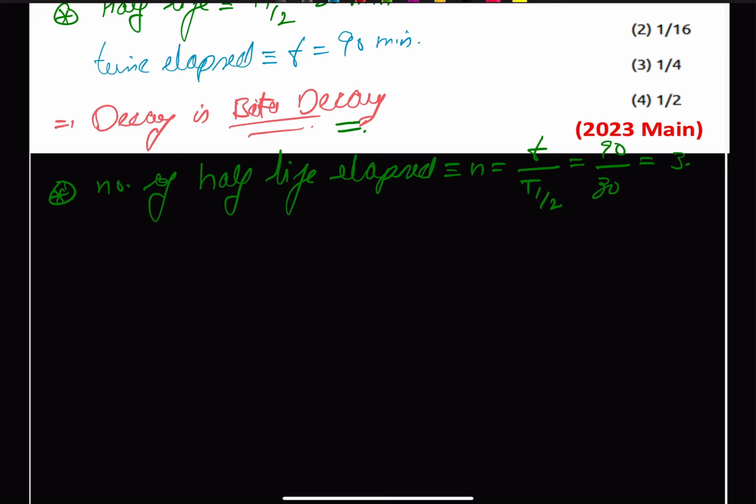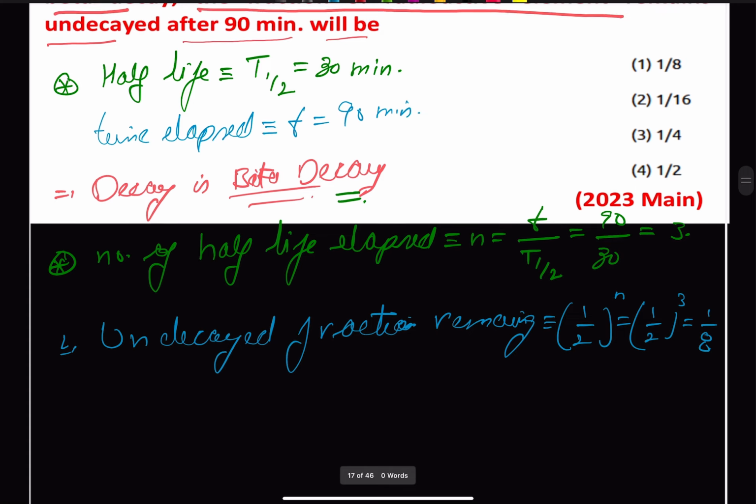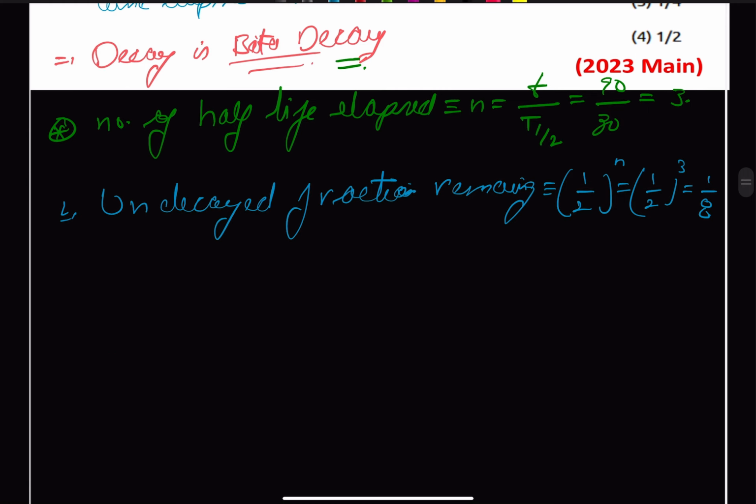The undecayed fraction remaining will be equal to 1 by 2 raised to power n, which is 1 by 2 raised to power 3, giving us 1 by 8. So option number 1 is correct.